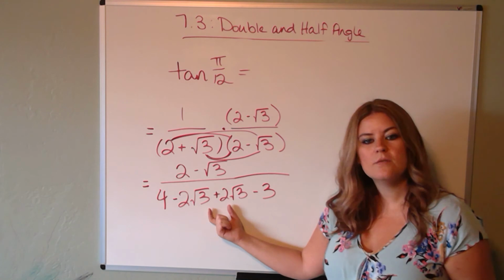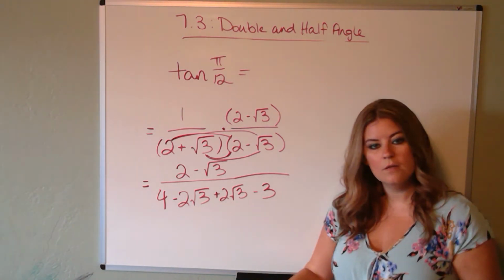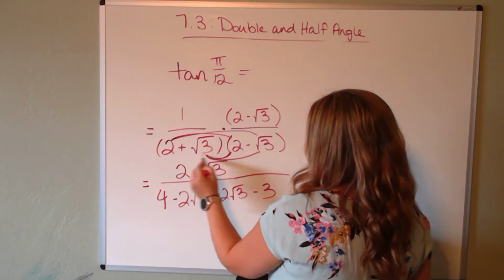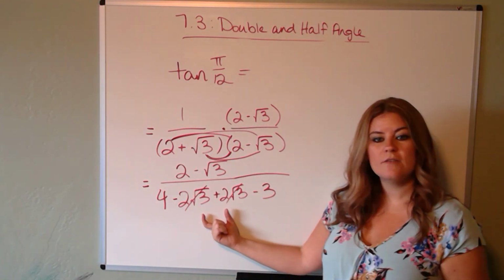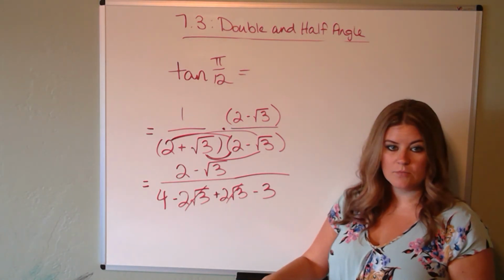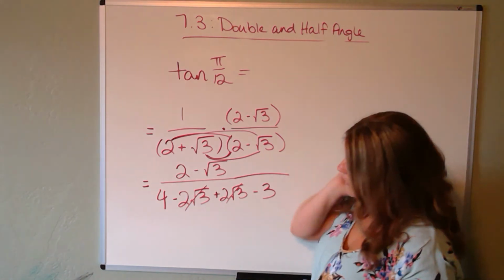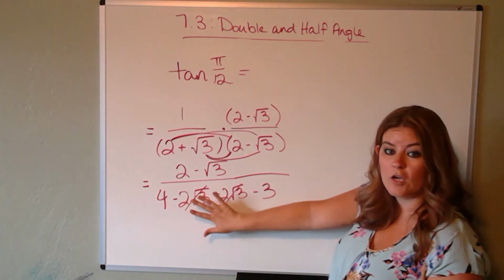So you guys, the reason why we multiply by the conjugate is because when you FOIL, this term here, this root, cancels out. So any term that still has a root in it cancels out. That's what the conjugate does when you multiply it with FOILing. Okay, so I had minus 2 root 3 plus 2 root 3. So the root 3's are gone.